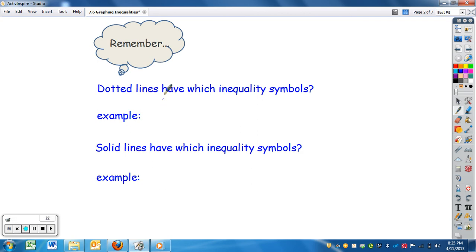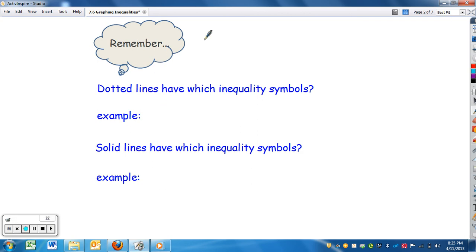So remember, when we do inequalities, which we're referring to the less than, greater than, less than or equal to, greater than or equal to inequality symbols, we have two types of lines. We have dotted lines or dashed lines. Dotted or dashed lines get the less than and greater than.